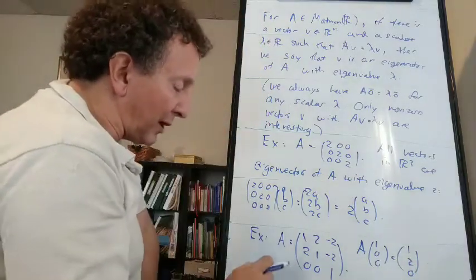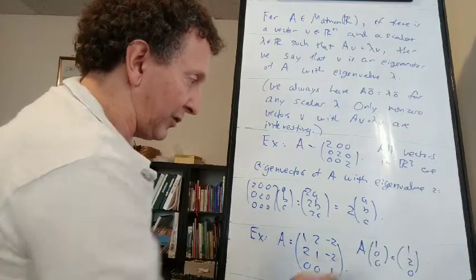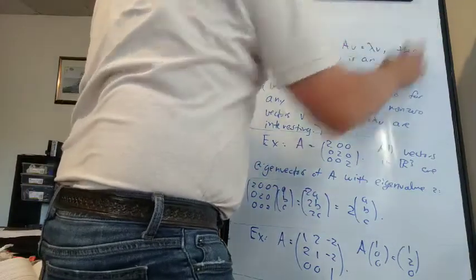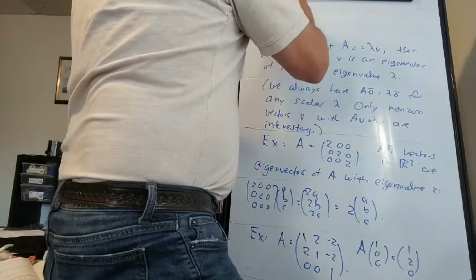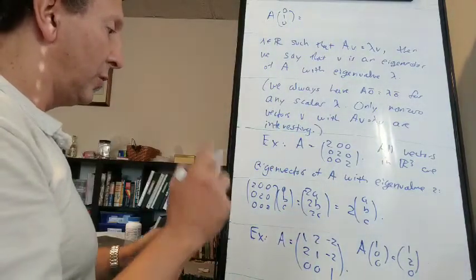So we can see right away that not every vector in R3 is an eigenvector of this matrix. 1, 0, 0 is not. It doesn't get mapped to a multiple of itself. A times 0, 1, 0 equals 2, 1, 0.